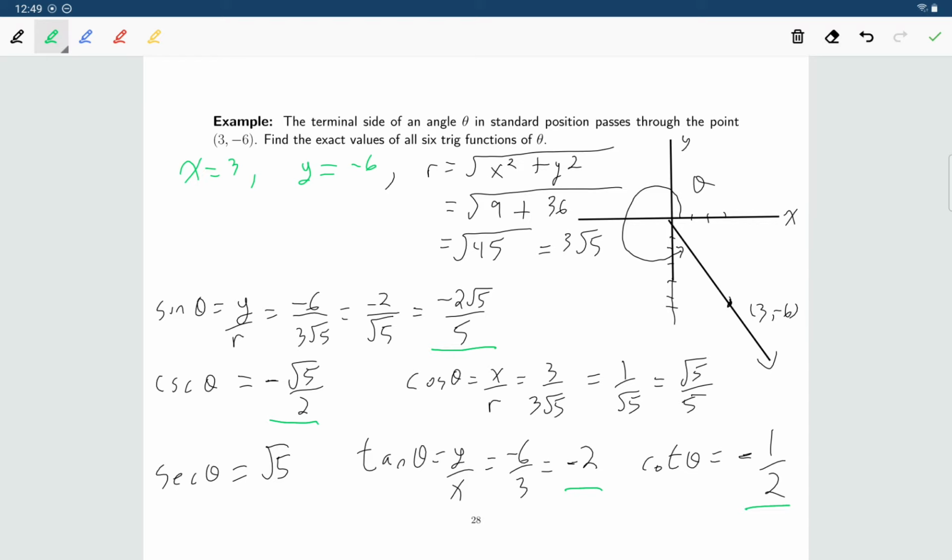And one thing that we'll talk about a little bit later on in this section is how where the angle is will affect whether the values of our trig functions are positive or negative. So for this particular angle, ending there in this bottom right-hand side, those 4 trig functions, sine, cosecant, cotangent, and tangent, are negative, and for that angle, cosine and secant are positive. And we'll see different patterns emerging in the other 3 quadrants.